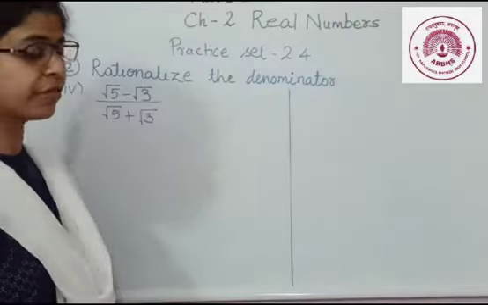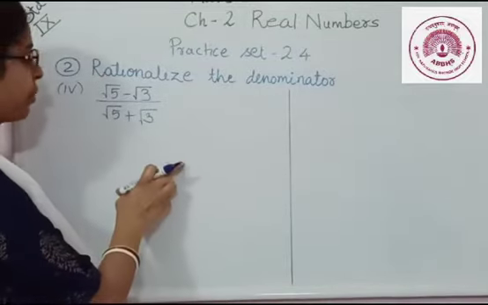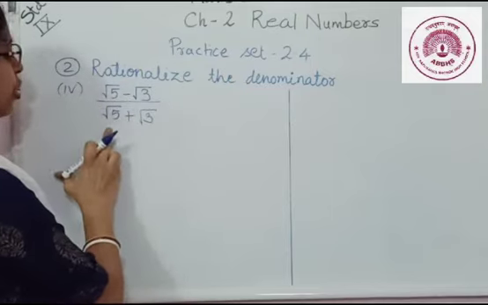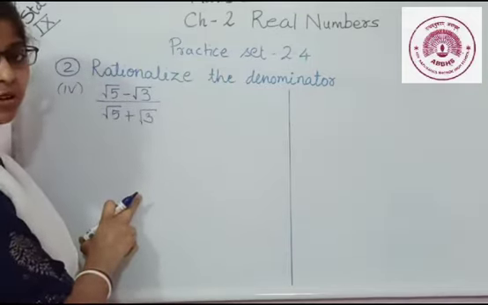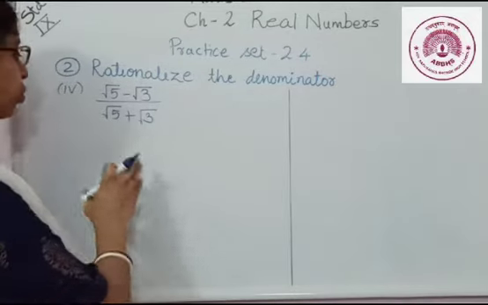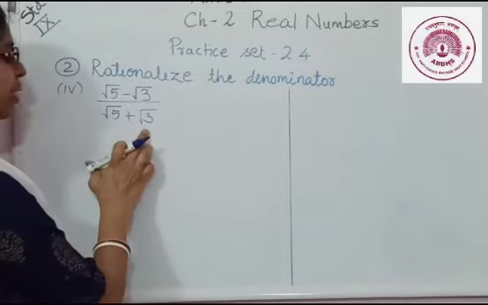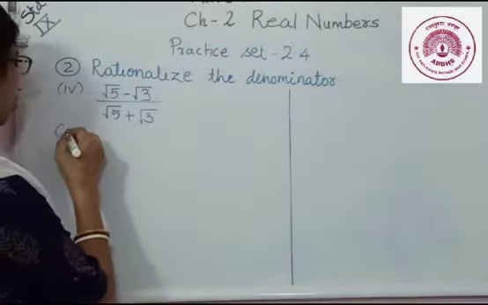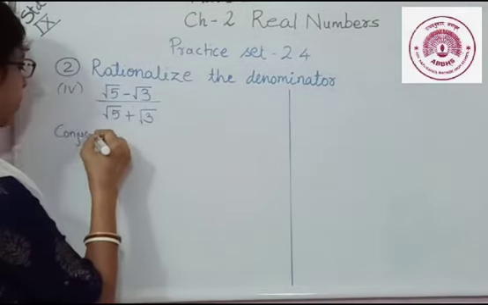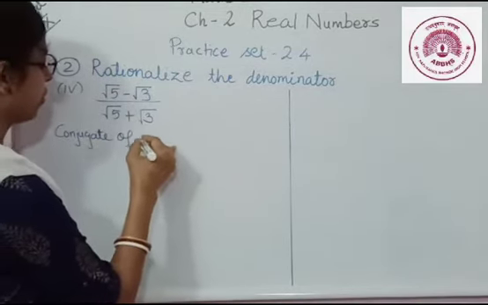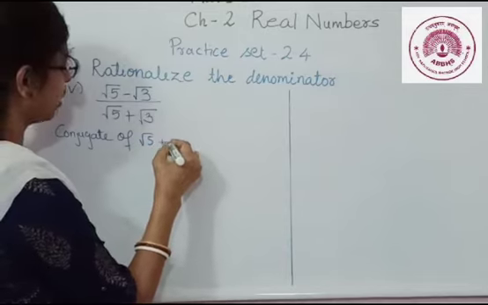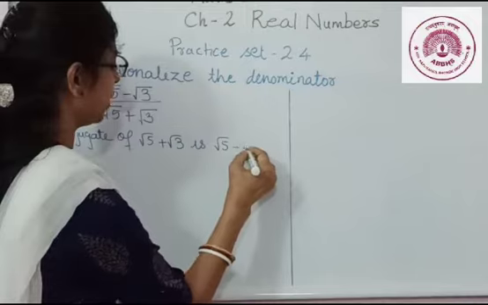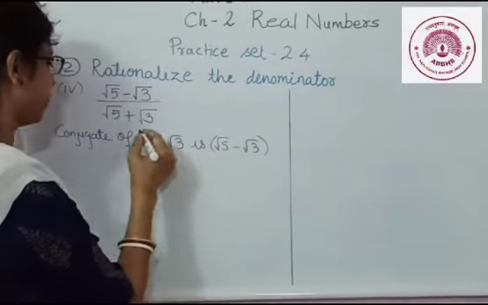Okay. Now we will solve question number 4 of question number 2. Now here the question is root 5 minus root 3 upon root 5 plus root 3, and we have to rationalize the denominator. So the conjugate of root 5 plus root 3 is root 5 minus root 3.